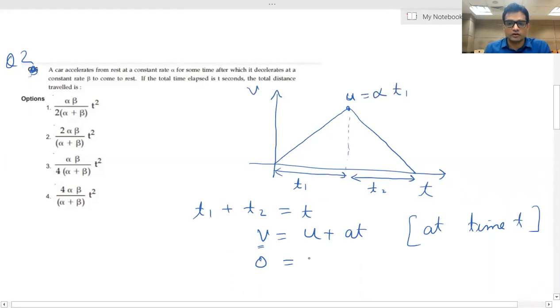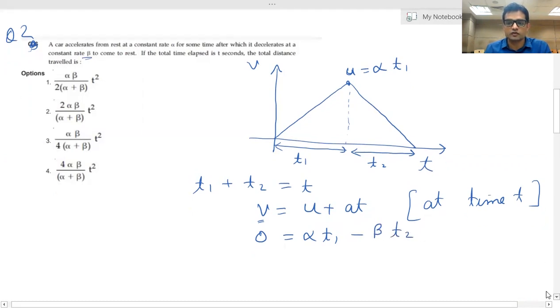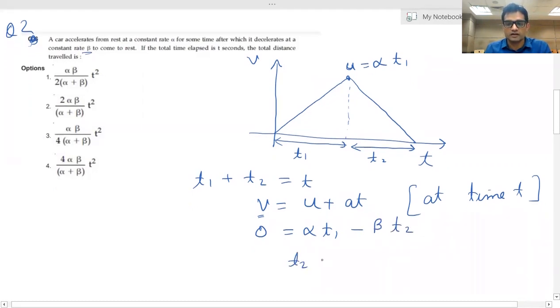So if I put alpha t1 and acceleration a, and it is given that it is decelerating at a constant rate of beta, so this will be negative, minus beta into t2. So from here we get that t2 is equal to alpha t1 upon beta.